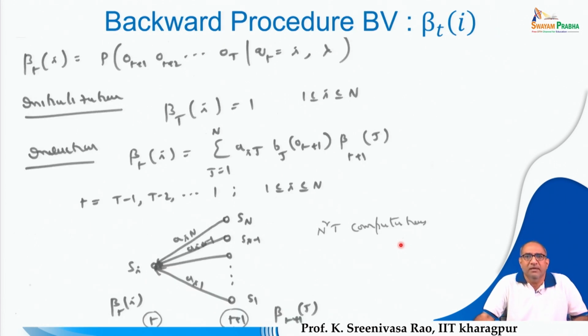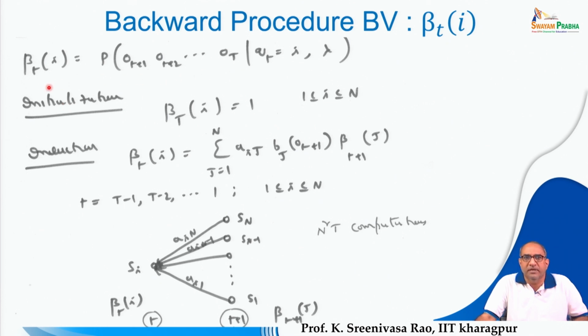Similarly, there is a backward procedure, where the backward variable is defined as beta t of i. It is defined very similarly to the forward variable, but here the observations are taken from the termination, whereas the forward variable is the partial observation sequence from the beginning, O1, O2, O3 up to Ot.